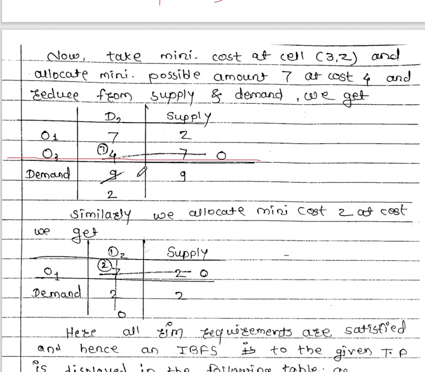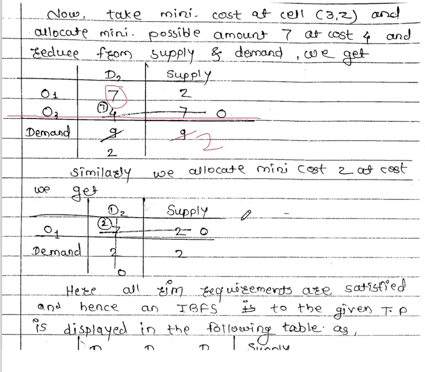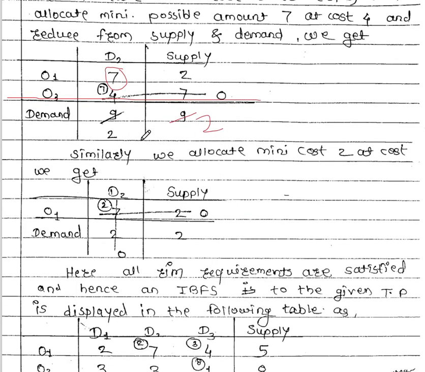Okay, so what is the last element? That is a 7. So from this we can subtract 7. So here will only remain 2. Okay, so here 2 and 2, which means supply and demand are both equal. So the last element is 7. So we can allocate 2 here because demand and supply are both equal. So allocate 2 to this 7 and subtract from supply as well as demand.